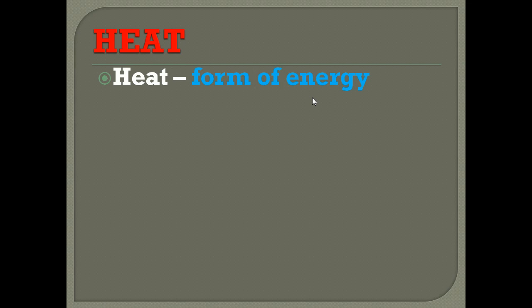So why is this coolness and hotness there during the climate changes? Heat is responsible for this sensation of hotness and coldness. Heat is a form of energy that can only be felt.